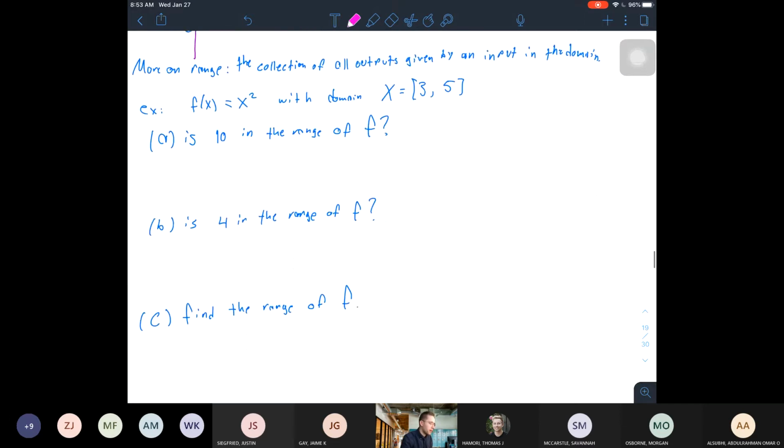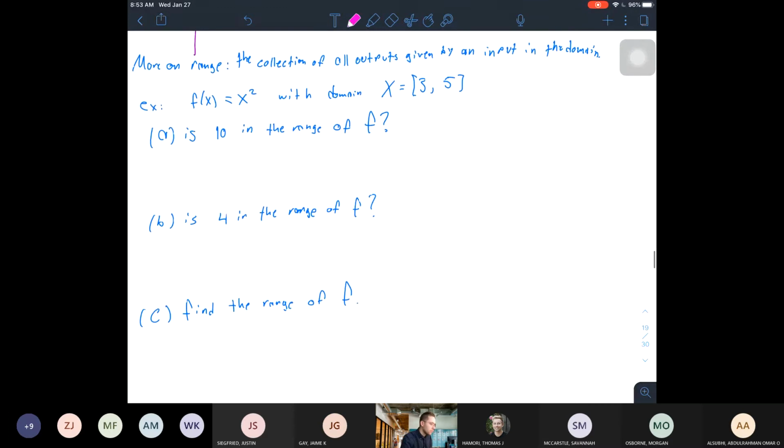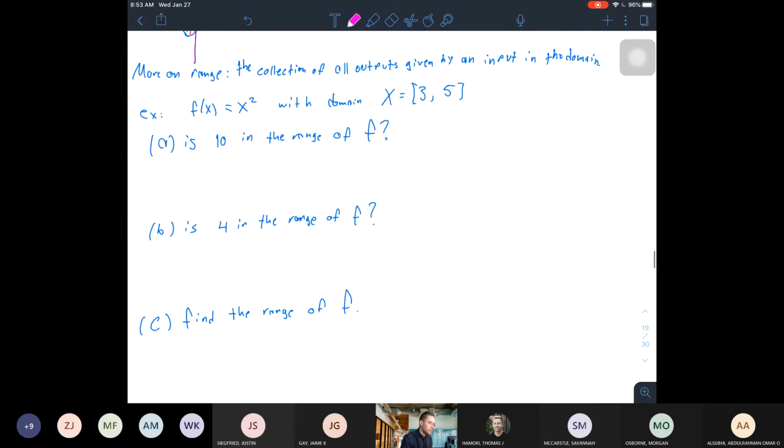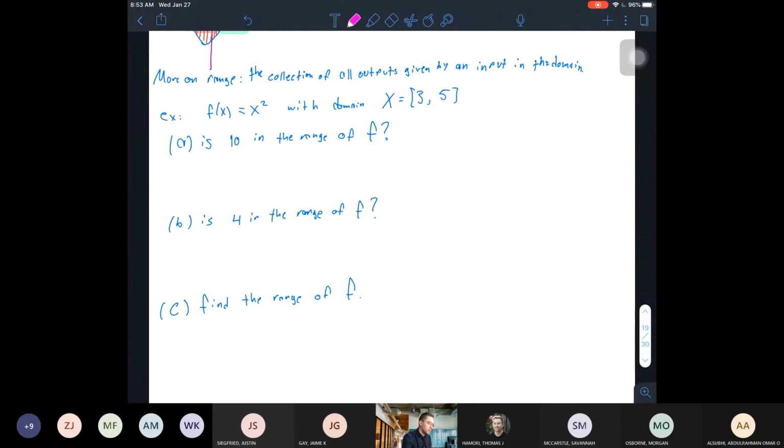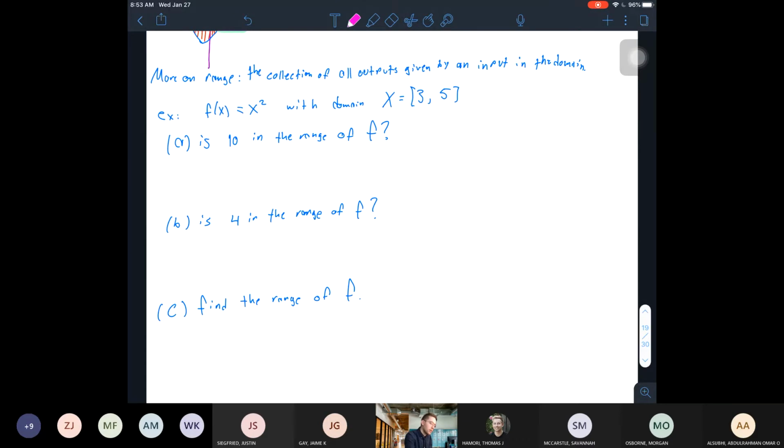Okay, so let's talk a little bit more about range now. Remember, we defined the range when we had our function going from x into y, and we drew these circles, and we had some points in here which were going to some points in y. We defined the range to be the subset of y which gets mapped to by an element in x.